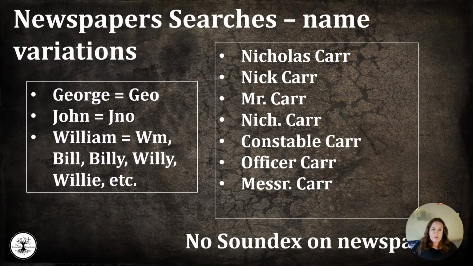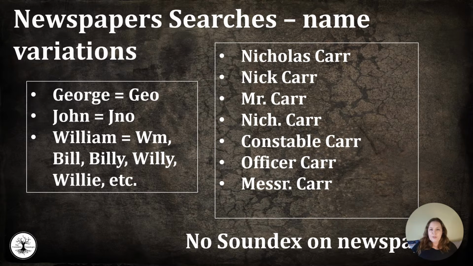When researching in newspapers, consider all of the different name variations, especially any type of abbreviation for names. Like for George, you'll find just GEO, John is JNO, etc. I had also researched for a TV show called Relative Secrets a while back, and that was for somebody named Nicholas Carr.